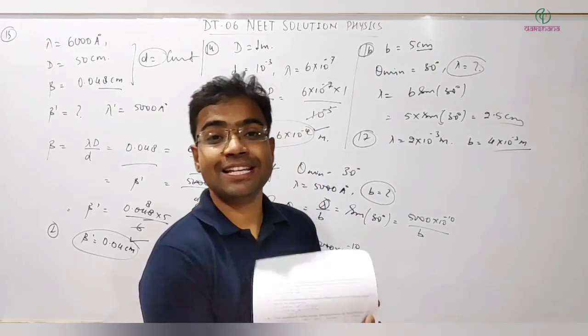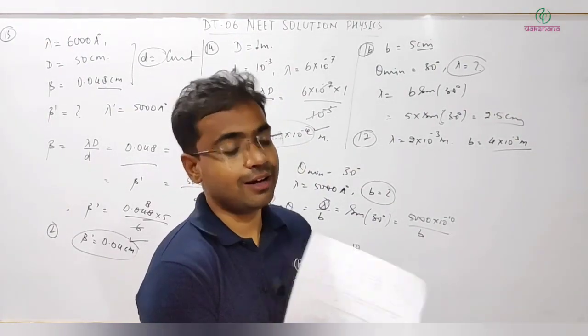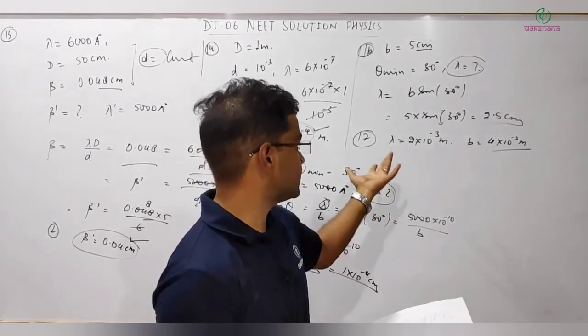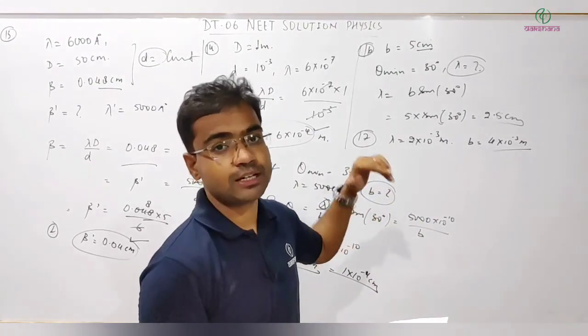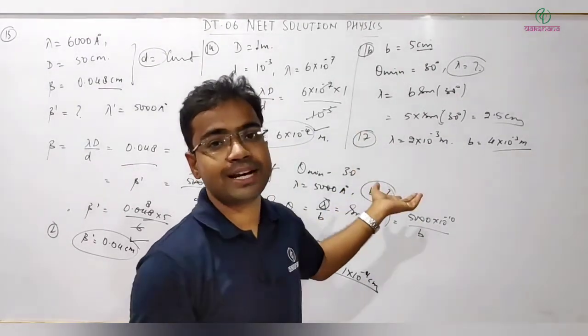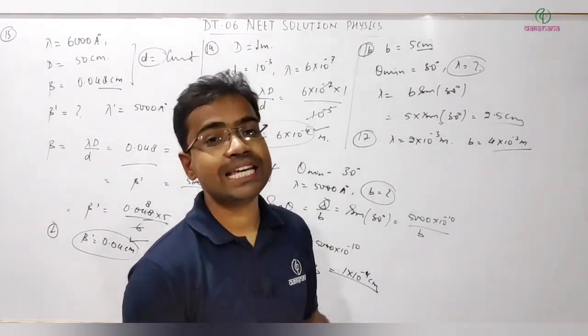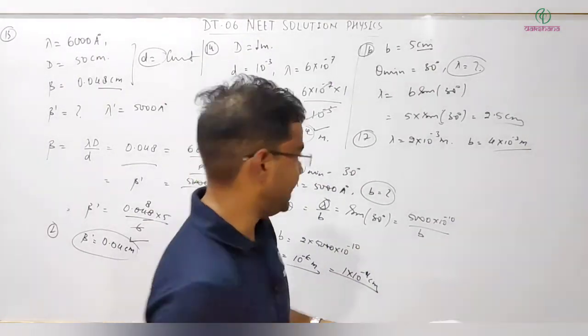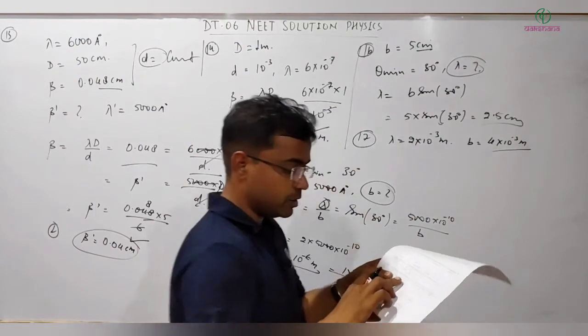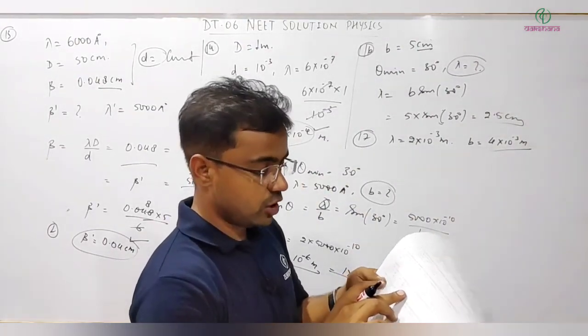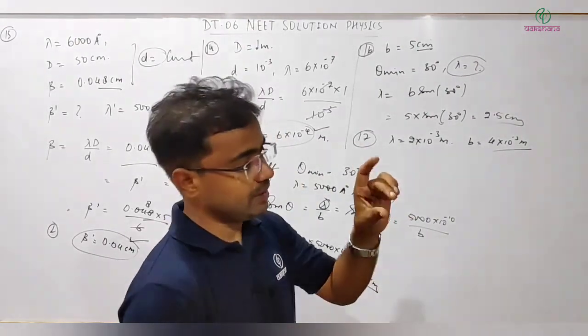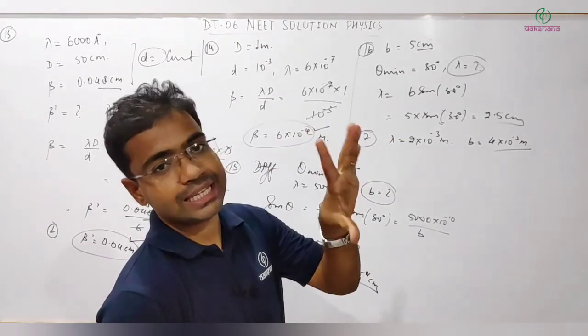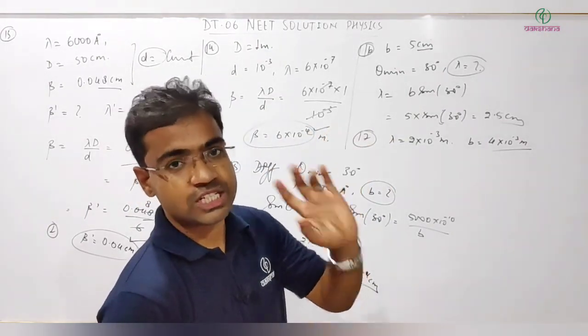It's not mentioned whether interference or diffraction, but it's talking about the angular width of the central maxima. It's given a slit, so it's a single slit. It's talking about angular dispersion of the central maxima, at what angle the central maxima is spread.